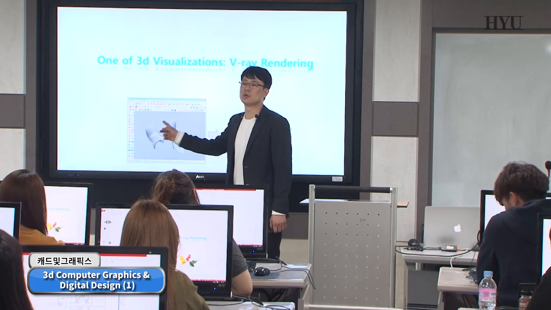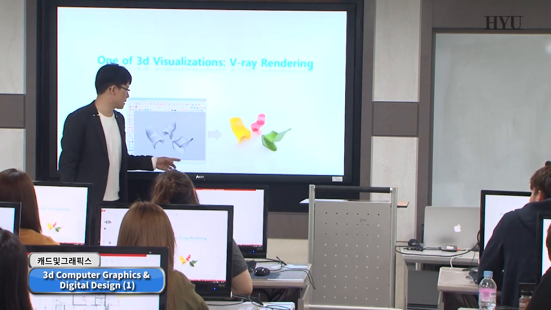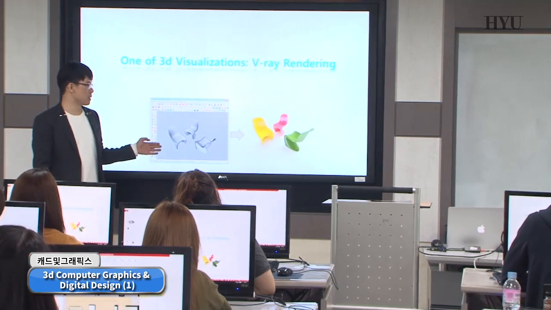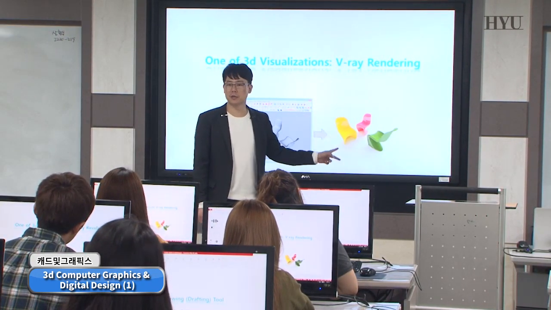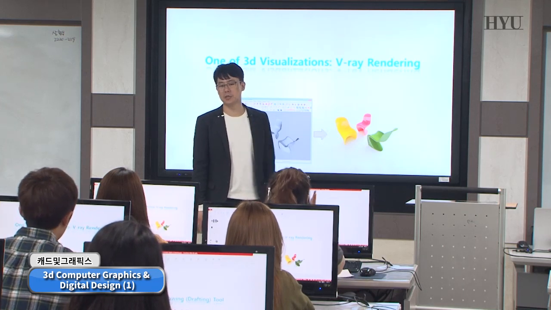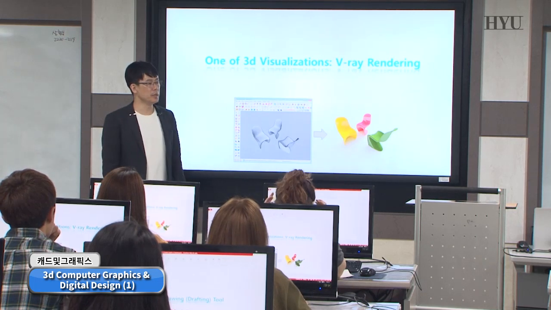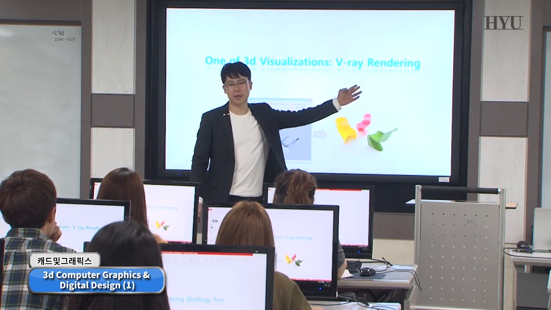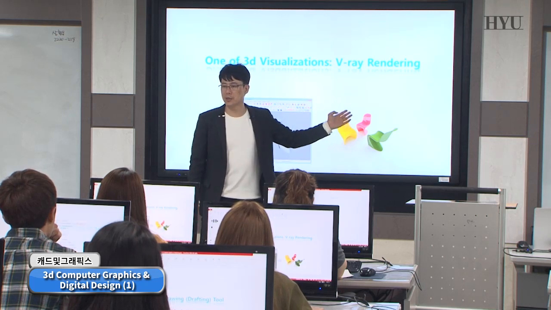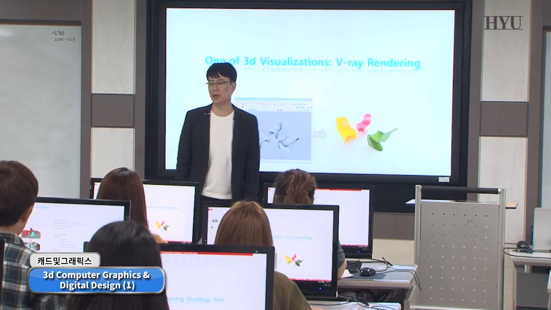So this is rendering, but not photorealistic. This is photorealistic rendering. Why is this photorealistic rendering? Simply, it follows V-Ray's ray tracing mechanism as well as global illumination mechanism, okay?